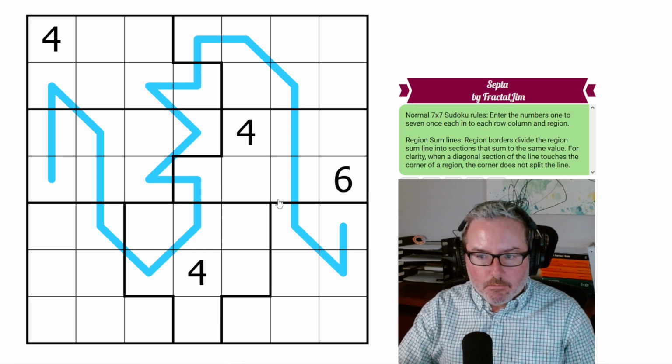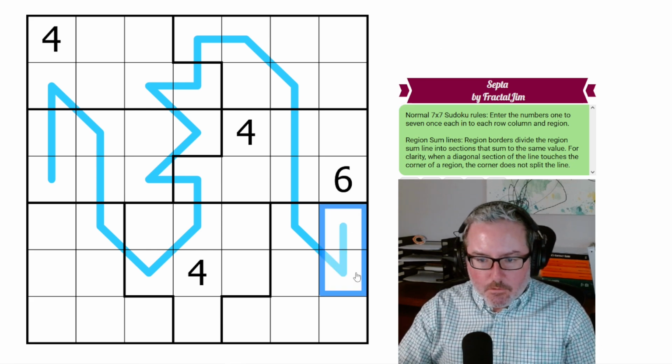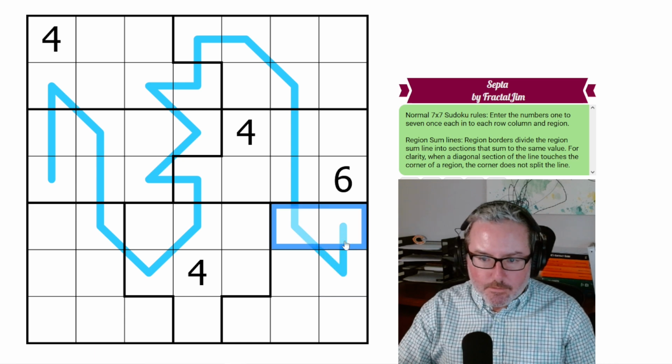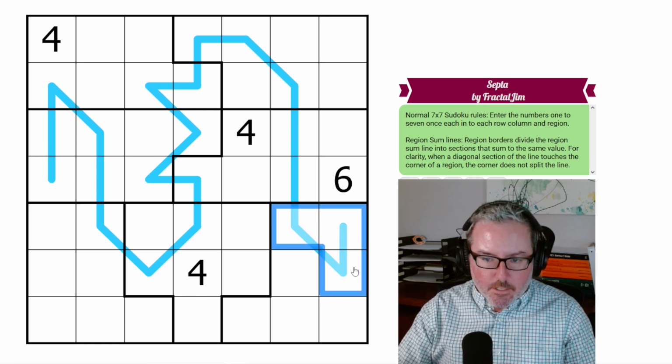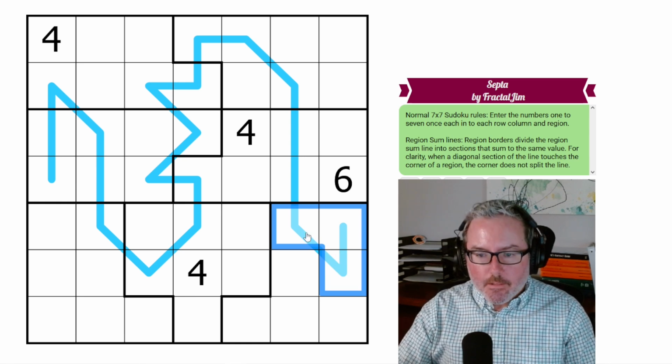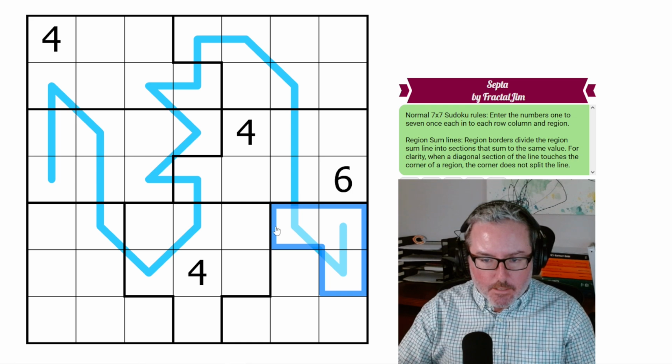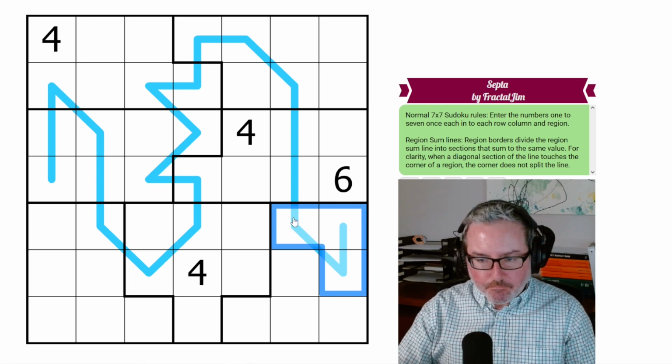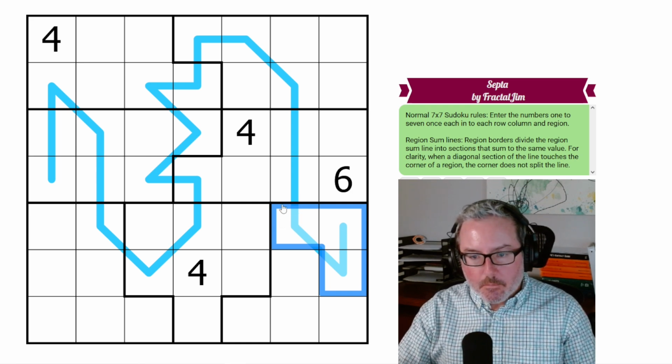So essentially what was just said is that every time you have a set of digits on the line within each region, those digits must be added together and they create a value, and that value must be the same across every section of the line that's been divided by the region borders.